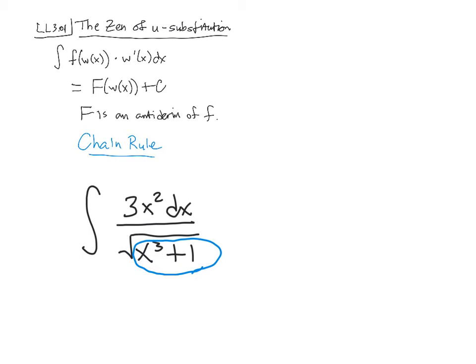Now the reason I circled that specifically is that I also noticed at the same time that I have the derivative of that function, 3x squared, in the numerator. It's like that's being multiplied by everything else here.